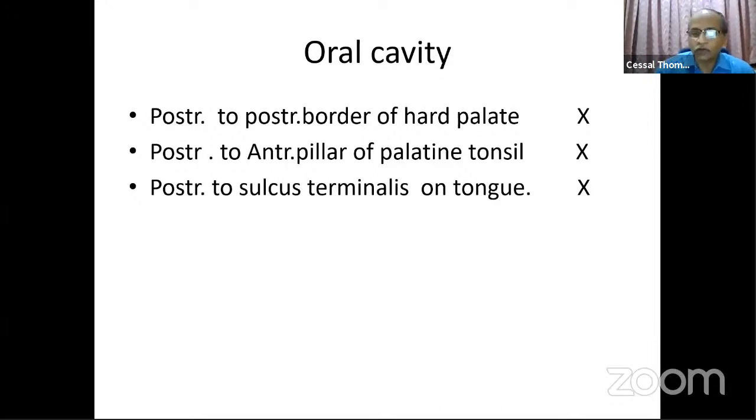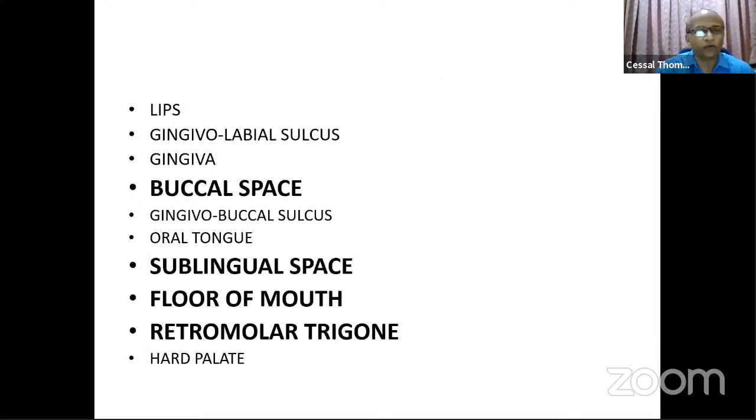So today I will be touching the oral cavity alone. The parts of the oral cavity are lips, gingivo-labial sulcus, gingivo-buccal space, gingivo-buccal sulcus, oral tongue, sublingual space, floor of mouth, retromolar trigone, and hard palate.